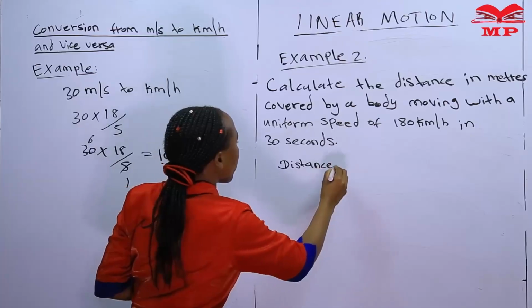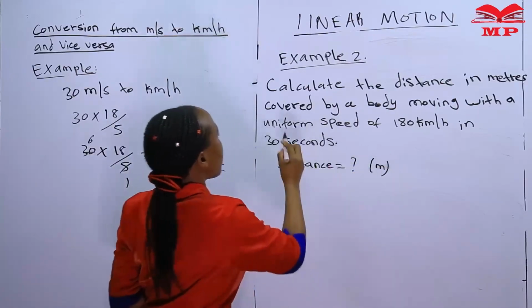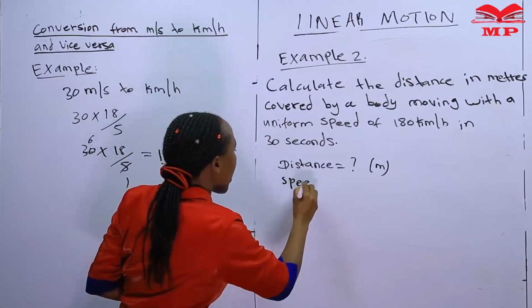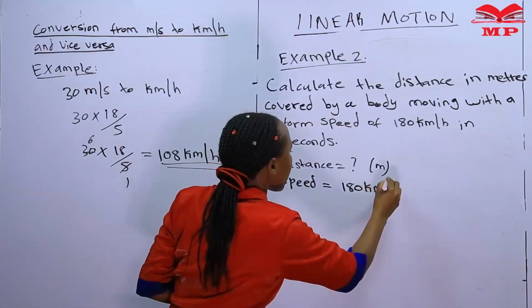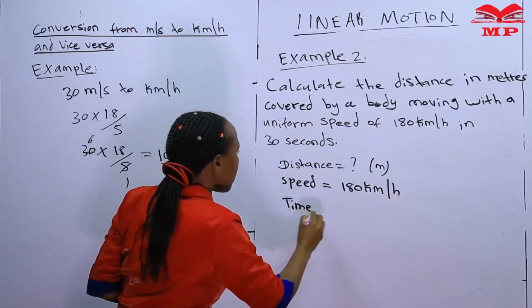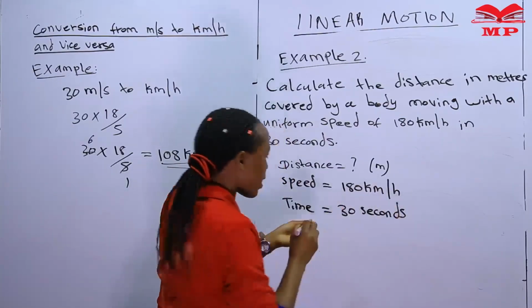So what is in question is the distance, and we want the distance in meters. By a body moving with a uniform speed, we already have the speed, and the speed is 180 kilometers per hour. Then we have the time. The time taken for this is 30 seconds.